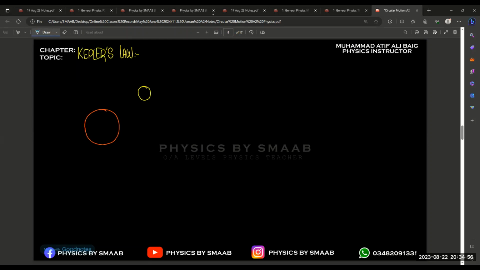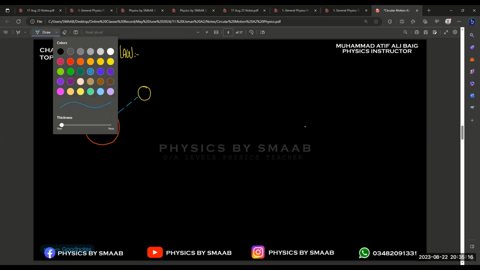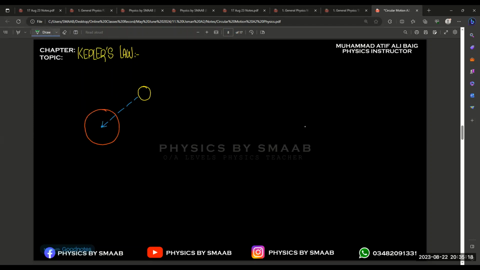The Moon will be smaller in size. So this is the distance from the center to the object, right? And we know that centripetal force is going to be applied in the same direction, towards the center of the circle.